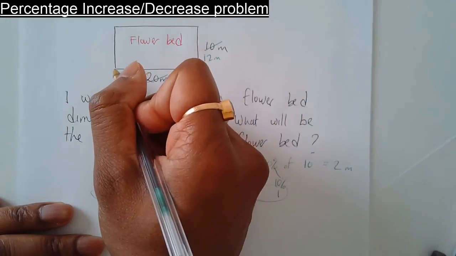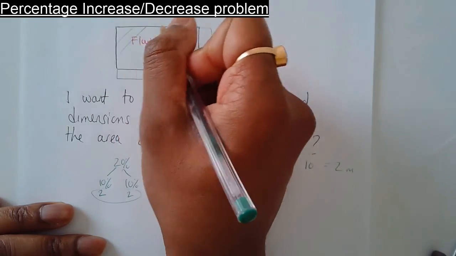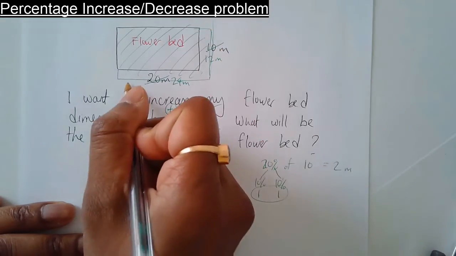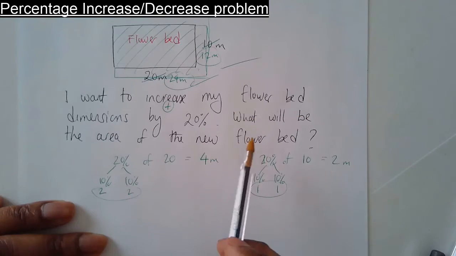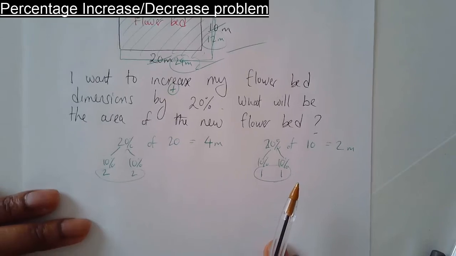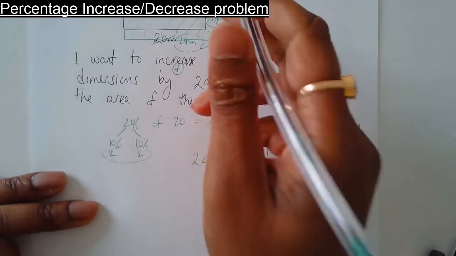So that actually made it slightly bigger. So that was my new flower bed. It'll be 12 meters this way and then 24 meters this way. To answer the question, what will be the area of the new flower bed? I've got to do 24 times 12, length times width.